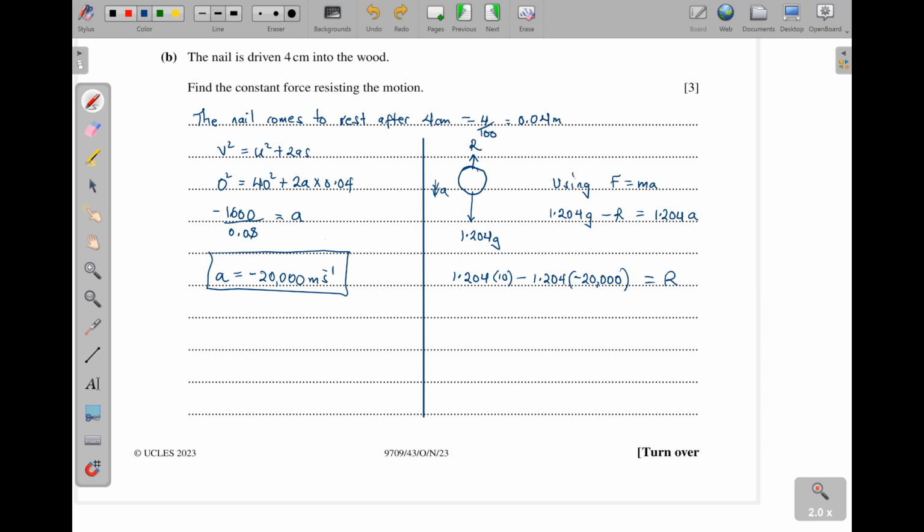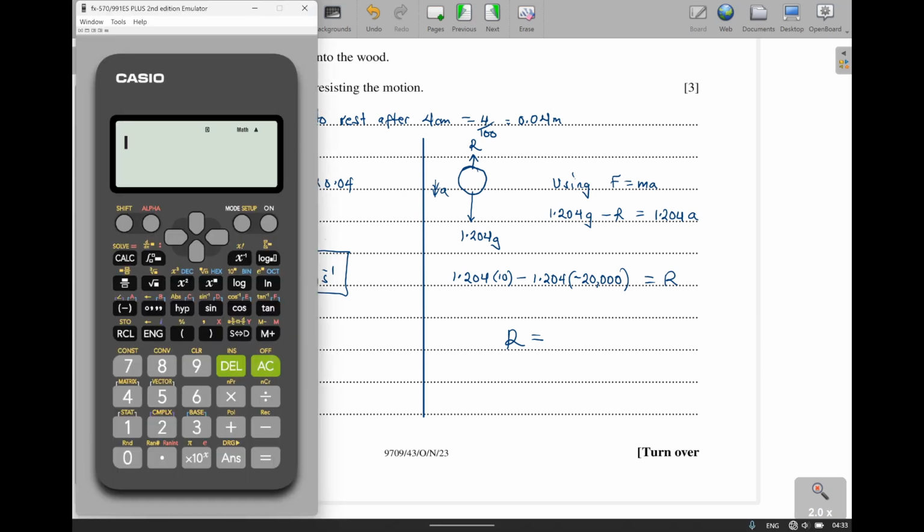Okay, so putting this in the calculator, what will be our R? Our R is going to be 1.204 times 10, then minus 1.204 times negative 20,000.